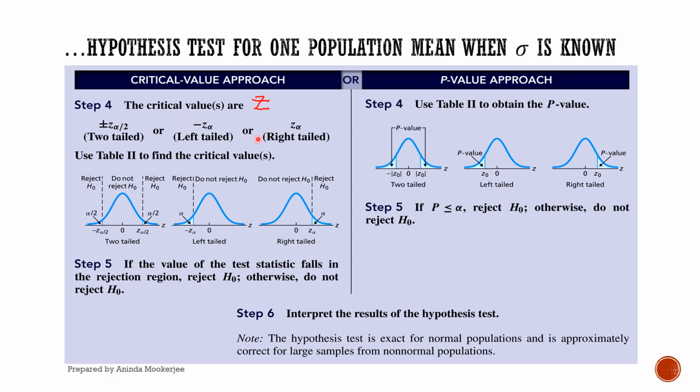That's what the critical value is. Now, if it is a two-tailed test, however, you have to divide your alpha into two equal parts and distribute to both the reject regions. So for a two-tailed test, you must divide alpha by 2.